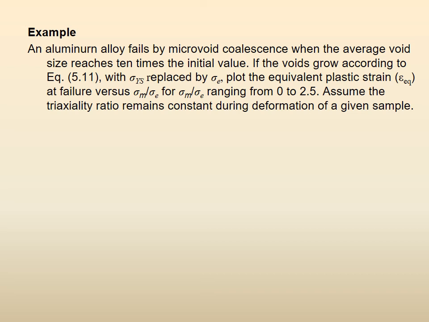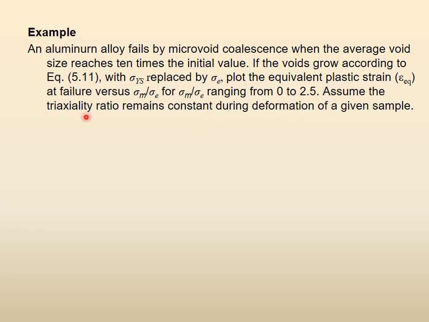So an aluminum alloy fails by micro void coalescence when the average void size reaches 10 times the initial value. If the voids grow according to equation 5.11 with yield strength replaced by equivalent stress, plot the equivalent plastic strain at failure versus mean stress upon equivalent stress, for mean stress upon equivalent stress ranging from 0 to 2.5.